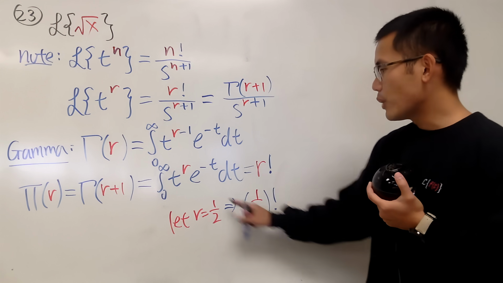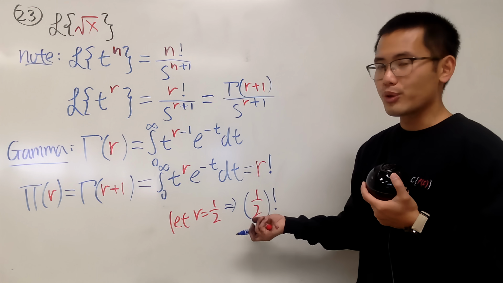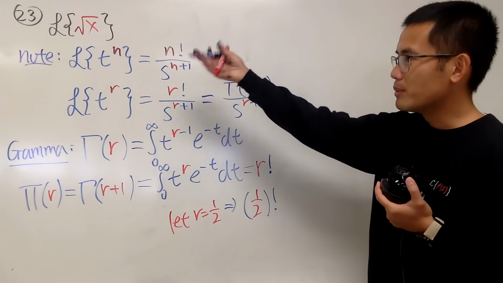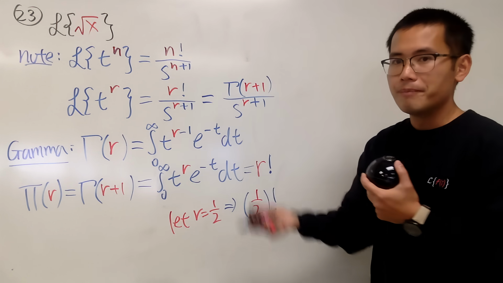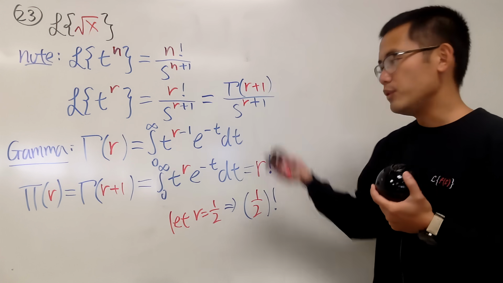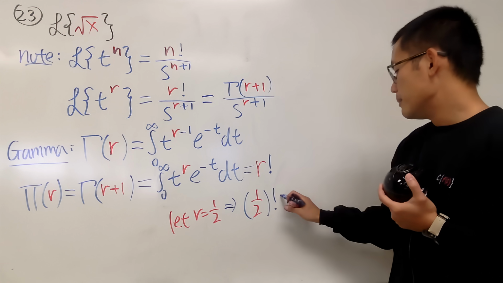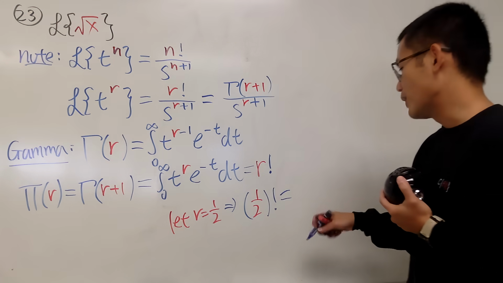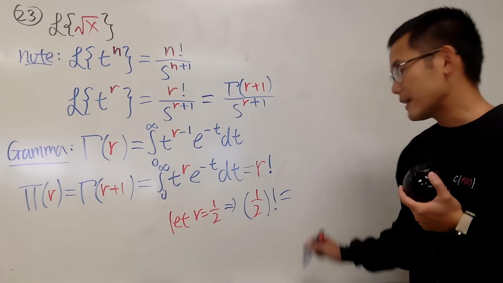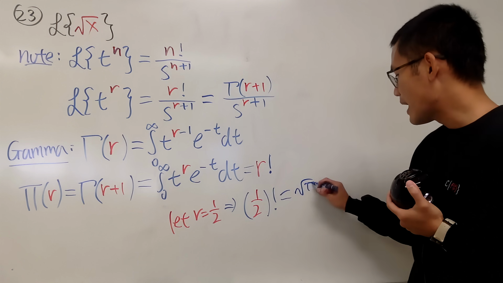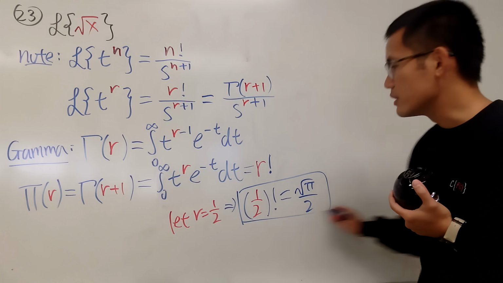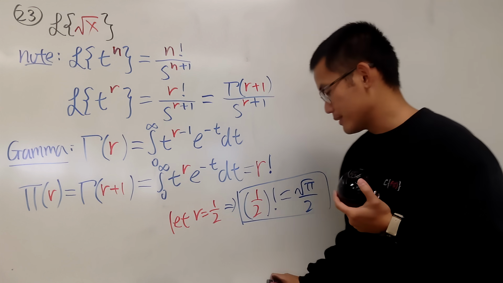And that's pretty much how you're going to start with the Laplace transform of the square root if you want to do it with the definition. But I actually have a video on this, so you can go ahead and check that out. It's a famous result if you have seen it already. 1/2 factorial is nicely equal to square root of pi over 2. Right? So this is a very nice result if you use the gamma function.